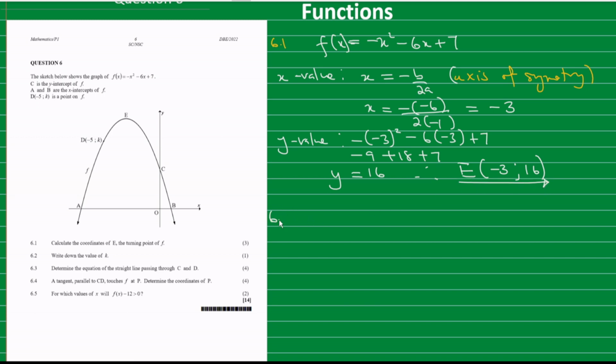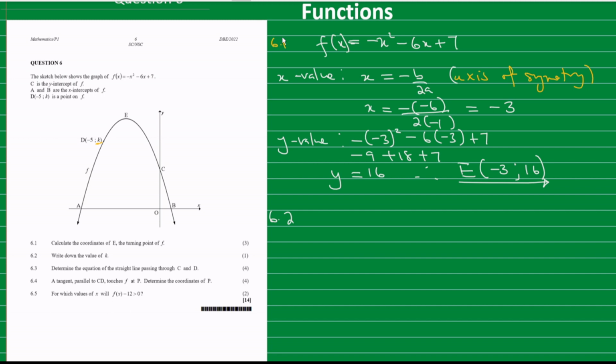6.2, we are required to write down the value of k. Now, k is representing the y value of our function when x is negative 5. Although they're asking us to write down, I would do the working here.